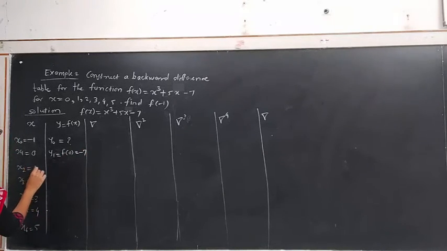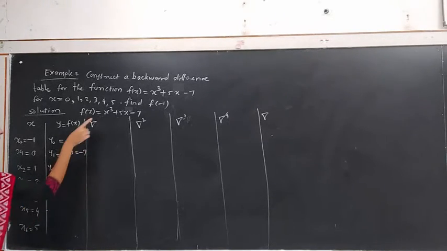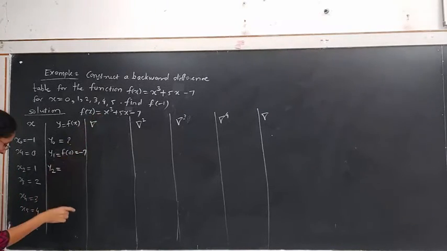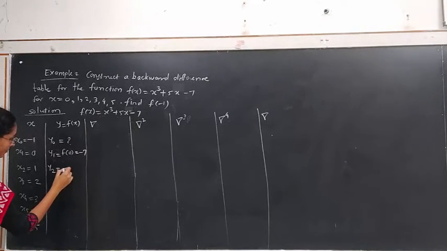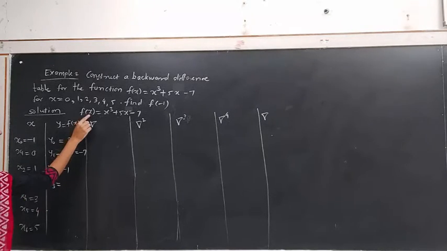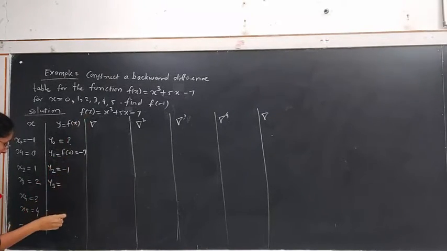Next value of x is 1, and the corresponding value is y2 equal to f of x2. It is obtained by substituting x equal to 2 in this function. Then we get that value is minus 1. Next value is y3, which is f of x3, meaning f of 2. The f of 2 value is 11.